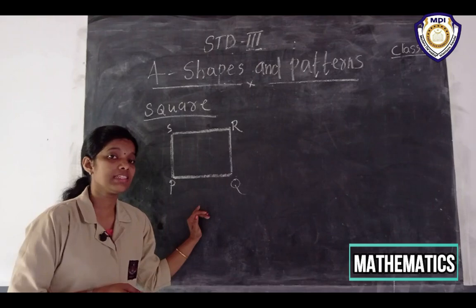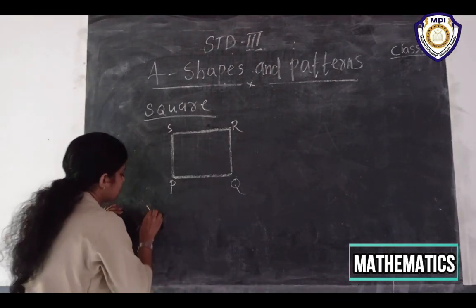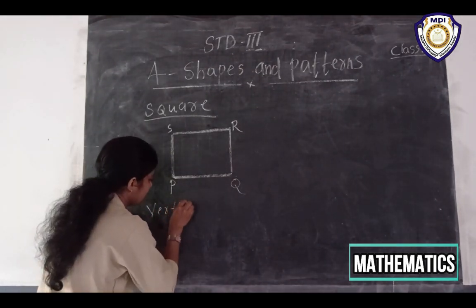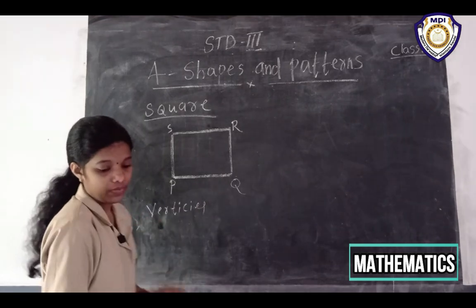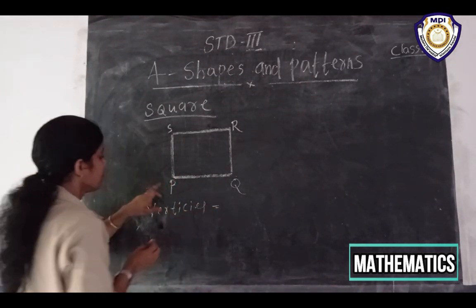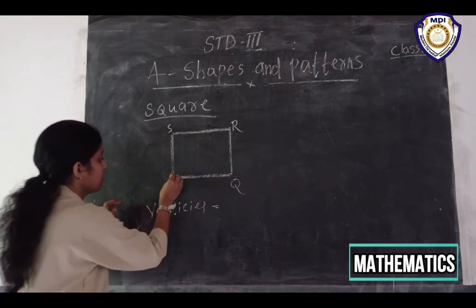How many vertices? 4 vertices. Okay. The vertices are P, Q, R and S.